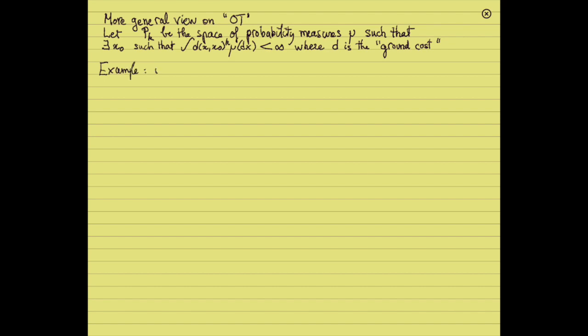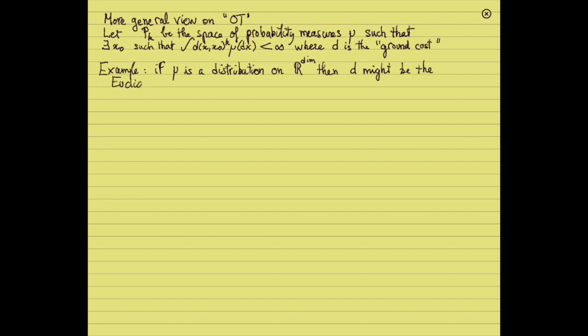So for example, if the distribution mu is a distribution on R to some power, we write the power dim, perhaps not to confuse it with the distance d, then the distance d might be chosen to be the Euclidean distance.